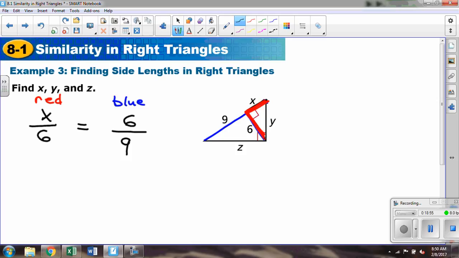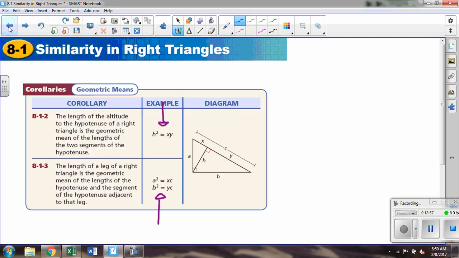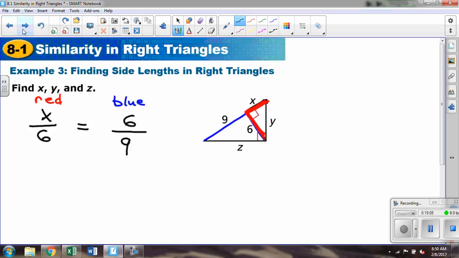This piece right here is that equation. You can memorize the equation, absolutely valid. I prefer to build the proportion. It's what clicks better for me. Again, you have a choice of memorizing equations or building proportions. Both methods are valid. You just have to be able to do one of them correctly.